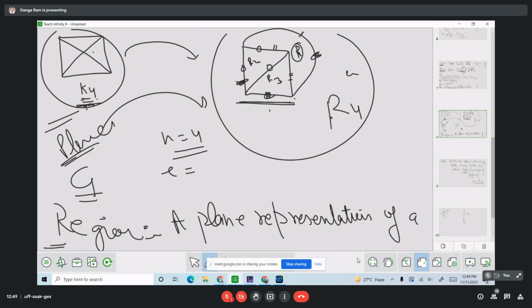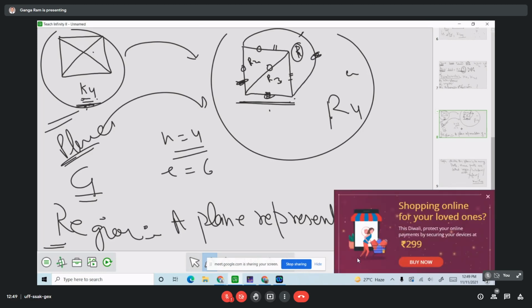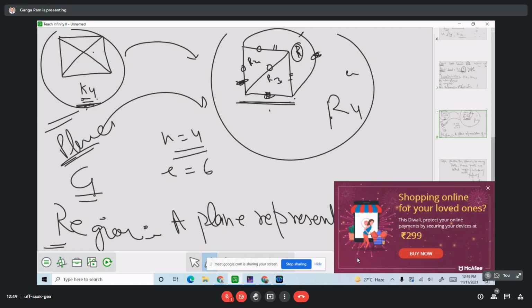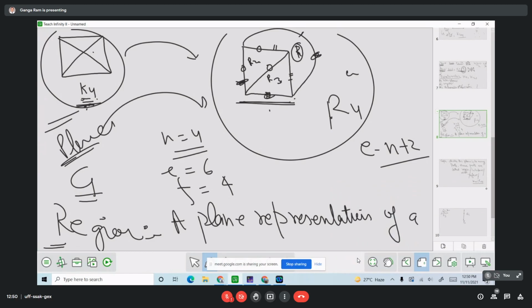What does E minus N represent? E minus N plus 2.